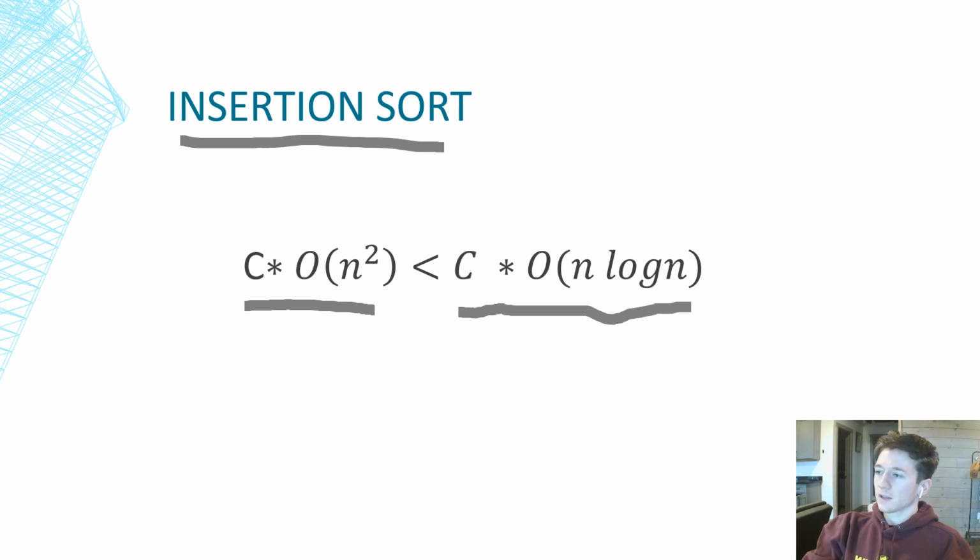Of course, I'm stating that insertion sort runs faster or in less time than quicksort, which should come as a bit of a surprise for us students, being that we know that n log n is a better runtime than n squared. But due to the constant factor of insertion sort and the constant factor of quicksort, for a small enough n, we'll actually find that insertion sort runs faster than quicksort, again, due to the constant factor.